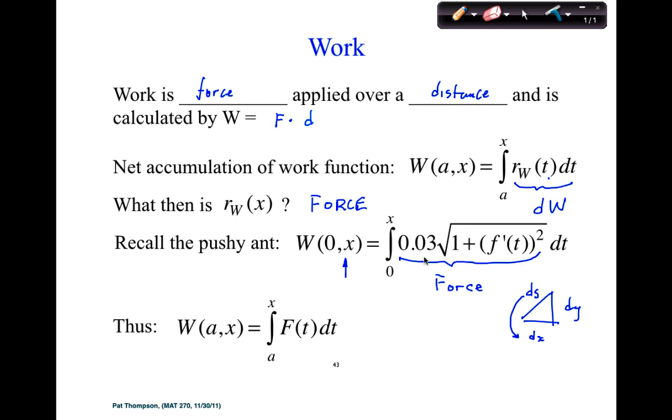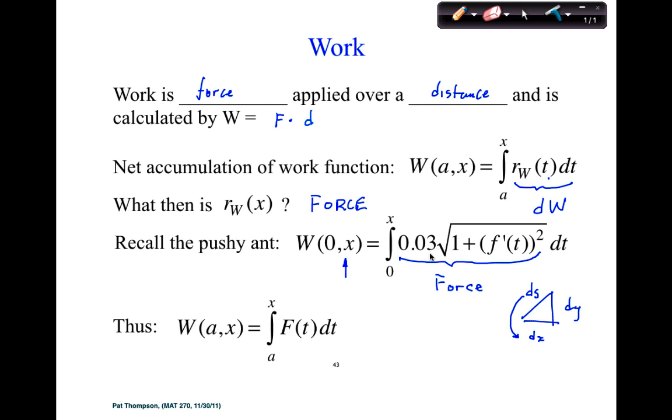This is the constant force that the ant is pushing with, and it's turning, right? He's on a curvy path. But square root of 1 plus f prime quantity squared, right? This takes that 0.03 force and transforms it and gives us the force in the x direction.